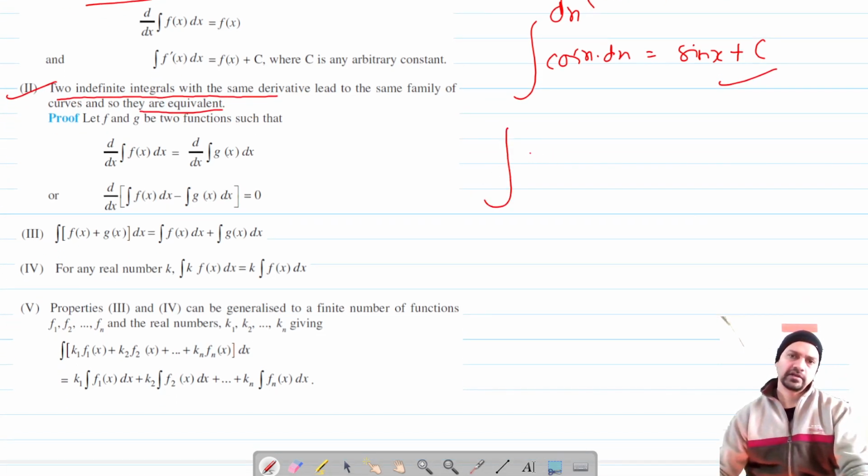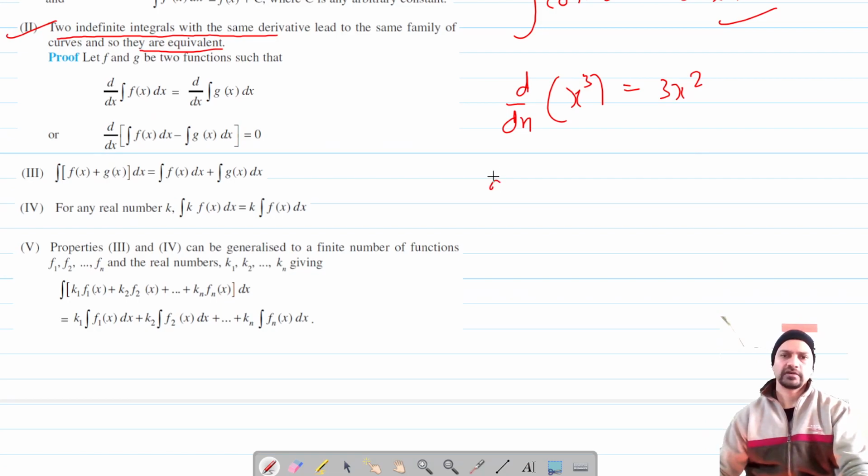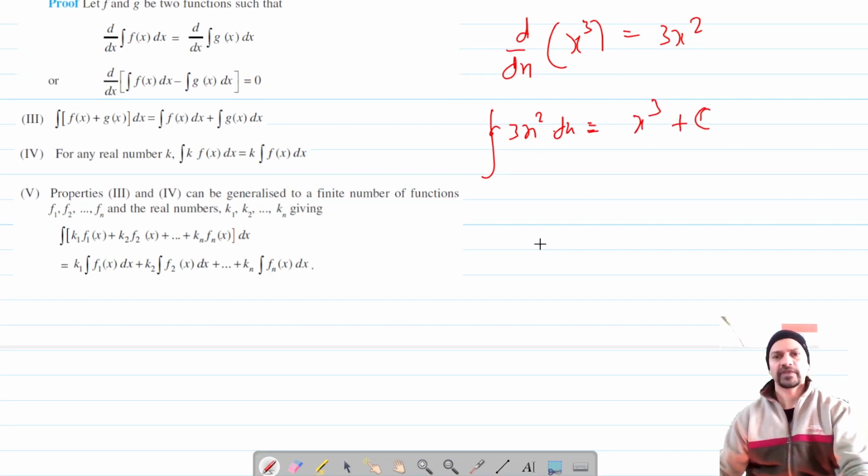We know that the differentiation of x cube is 3x square. So we can say that integration of 3x square into dx should be equal to x cube plus c.